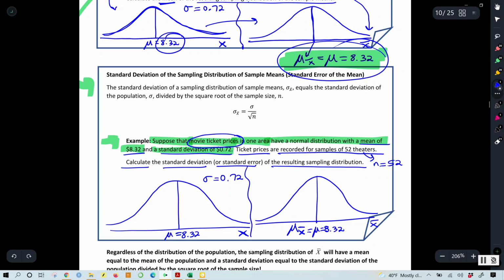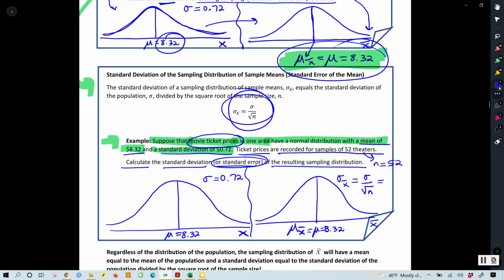That is 8.32. However, the standard error is given by the formula population standard deviation divided by the square root of the sample size. So the standard error of the sampling distribution, denoted by sigma subscript X bar, is the population standard deviation divided by the square root of n. This will be equal to 0.72, which was provided in the question, divided by the square root of 52, our sample size.